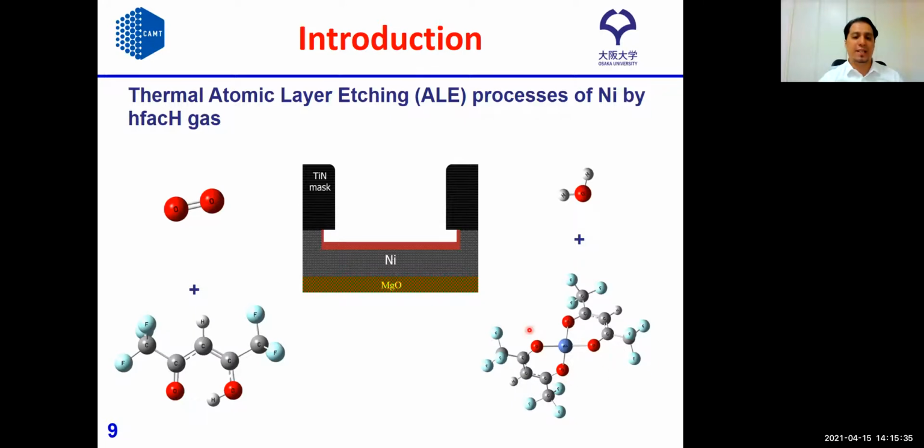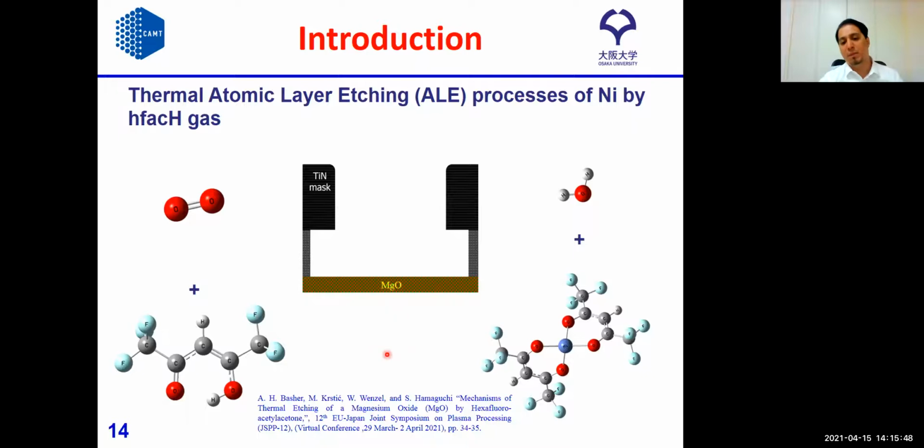By repeating these steps, the metal can be etched until we reach the isolating layer. Etching the isolating layer, here magnesium oxide, is out of the scope of this work, and it has been discussed in another work. You may look at this reference if you are interested.